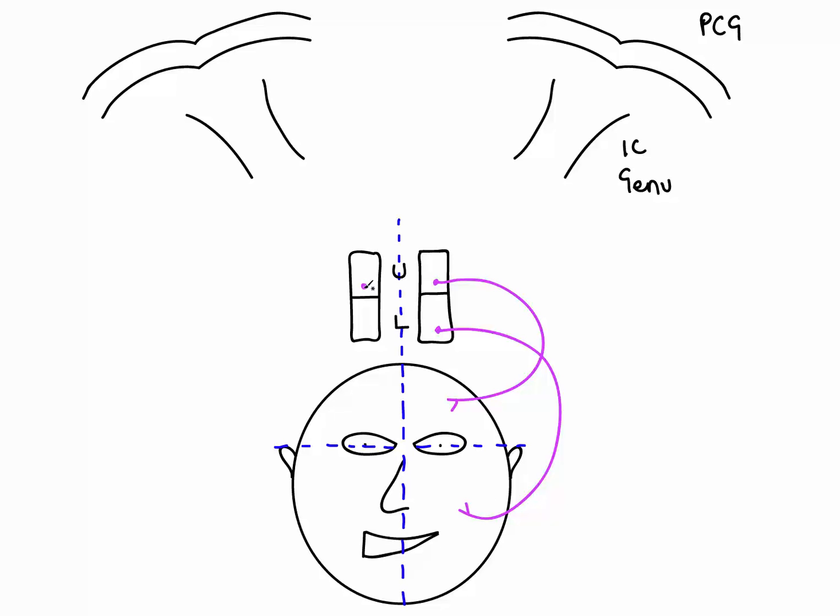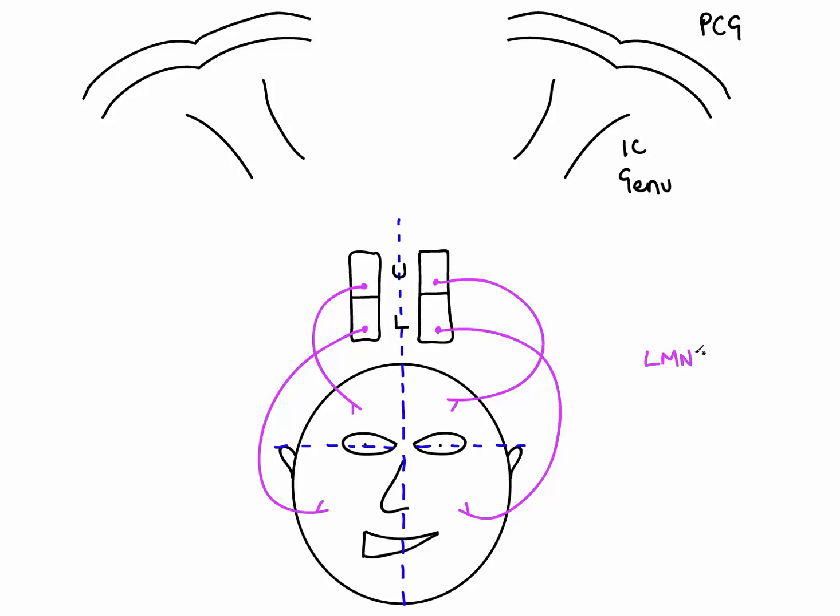And obviously this happens on both sides. Now these neurons that I'm drawing here in purple are those lower motor neuron fibers. So these are your lower motor neuron fibers that are contained within the facial nerve.